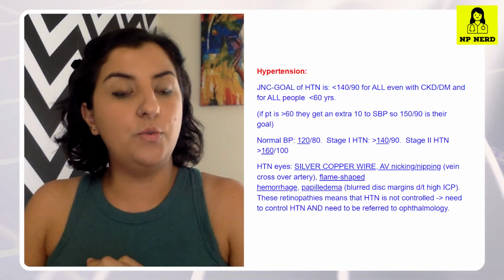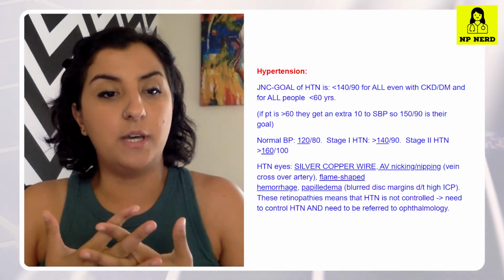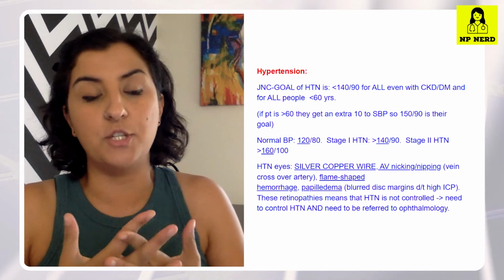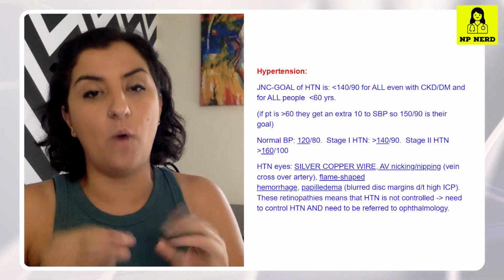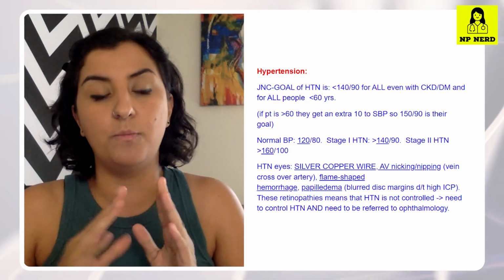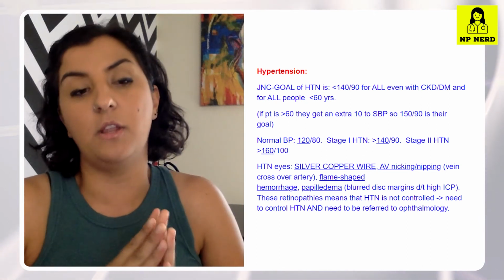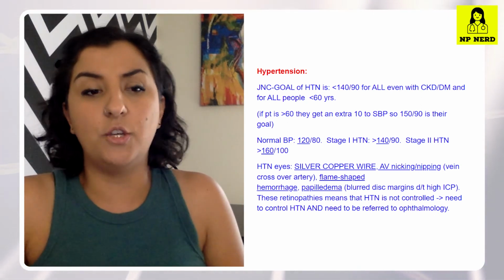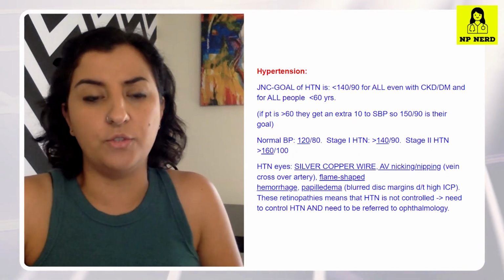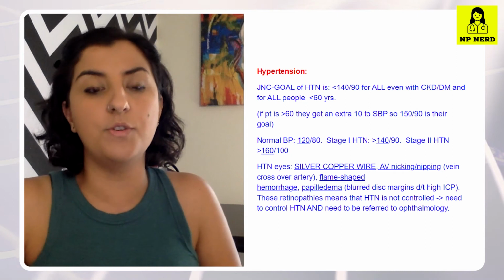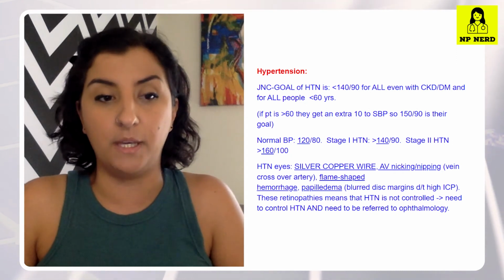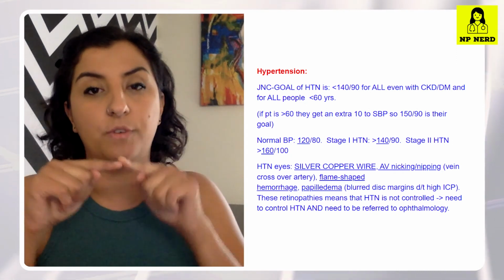Now, how do you distinguish the hypertensive patient's eyes? Okay, think about the silver copper wire. Okay, this word might pop on the test. It pops in a lot of the AANP exam. They tell you you're looking into patient's eye, or you're doing an eye exam, and you see silver copper wire. You also see AV nicking and nipping, whereas the vein crosses over the artery.